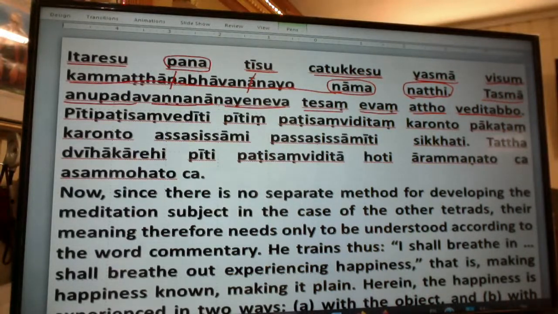So piti pati samvediti. Piti pati samvedi meaning: pite, piti is joy.